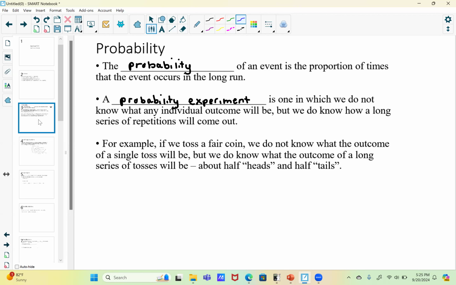For example, if we toss a coin, we don't know what the outcome of a single toss will be. It could be a heads, it could be a tails, but we do know that if I keep flipping that coin, we should get about half heads and half tails because a coin is half a head and half a tail. There's one head and one tail and there are 2 outcomes.